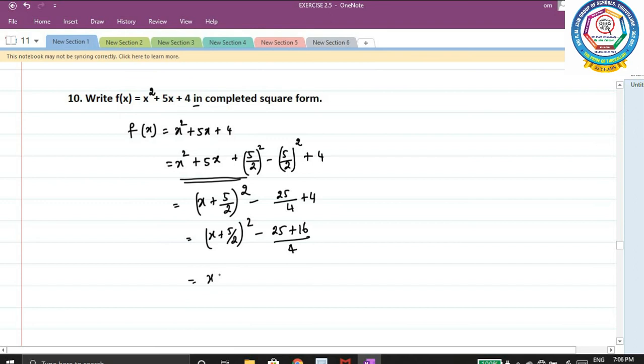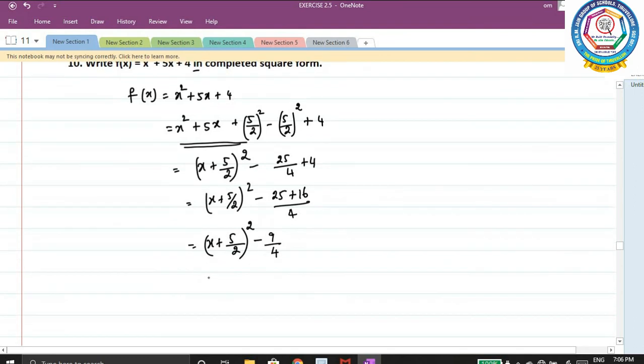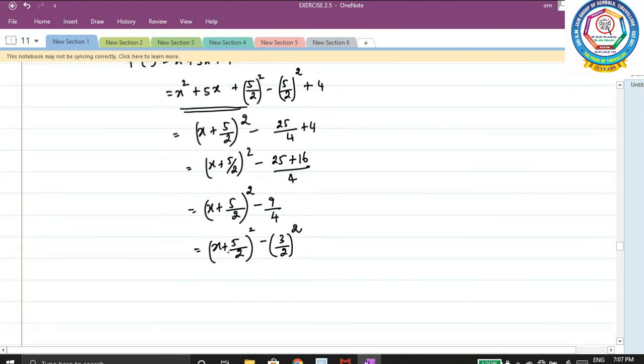Then x plus 5 by 2 the whole square minus 25 plus 16 equal to minus 9 by 4. The next, we ask a perfect square. So, it's a complete square. So, x plus 5 by 2 the whole square minus 9 by 4 can be written as minus of 3 by 2 the whole square. Therefore, x square plus 5x plus 4 in completed square form is x plus 5 by 2 the whole square minus of 3 by 2 the whole square.